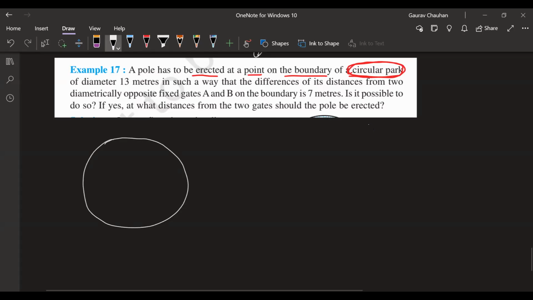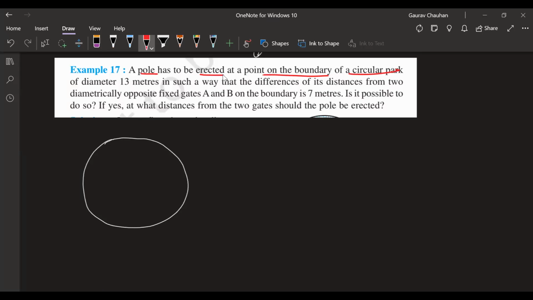Firstly, it is not circular path, Dikshit, it is circular park. So I'm going to make a circular park. I'm just reading this question, and what I see is some pole has to be there somewhere on the boundary of a circular park.